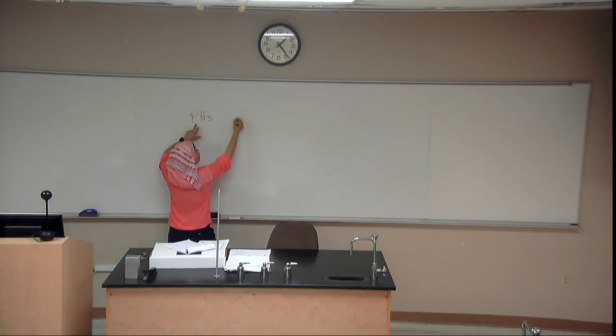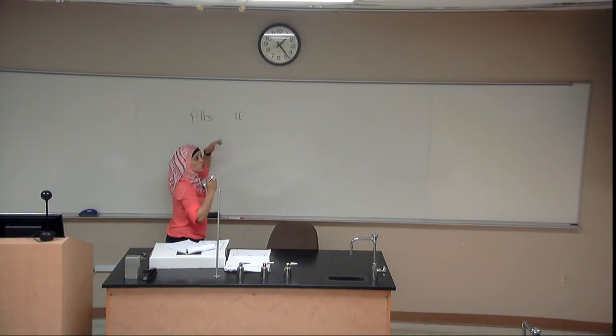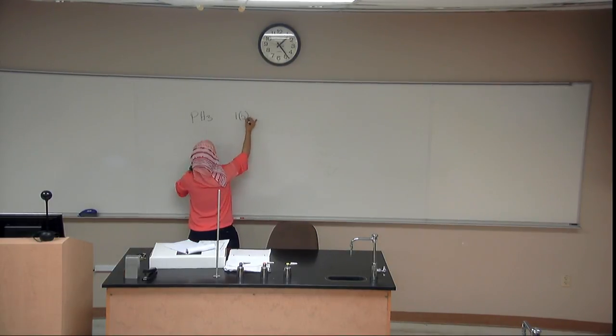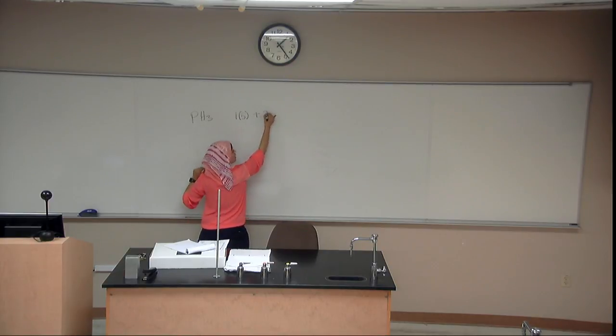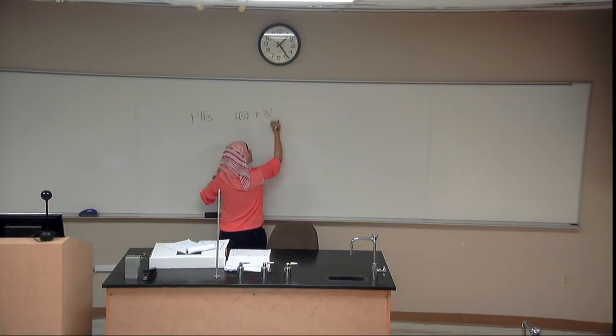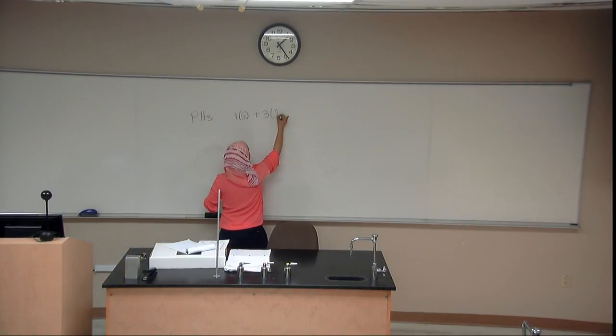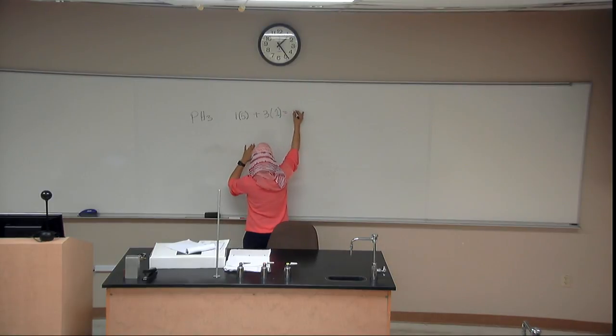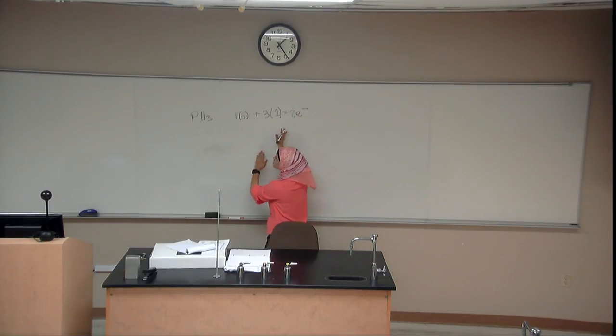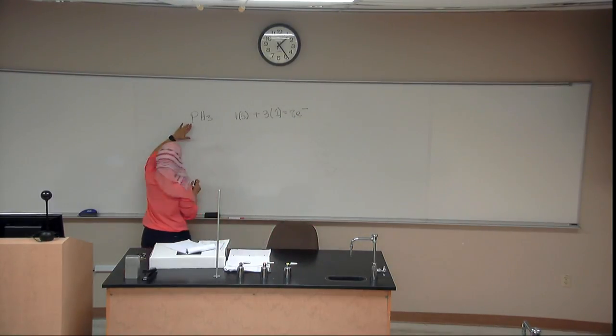We have 1 phosphorus, and if you look on the periodic table, phosphorus is in group 5A, so it has 5 valence electrons, plus 3 hydrogens, and each hydrogen has 1 valence electron because hydrogen is in group 1A. So 3 times 1, so we have 8 total electrons that we have to share here.